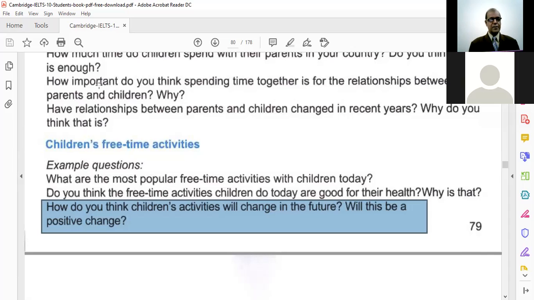So try to be positive. Don't say that it will worsen. But when I myself feel that the situation is worsening, that children are not becoming responsible, still we should understand and talk positively. Okay, okay.